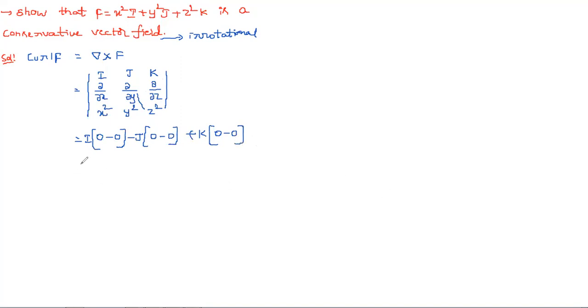So simply what we get is 0 bar. Therefore A bar or F is a conservative vector field, or in other words we can say that this is an irrotational vector.